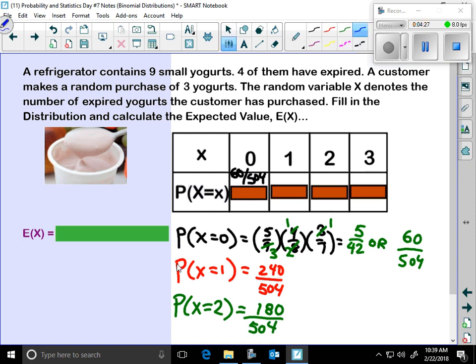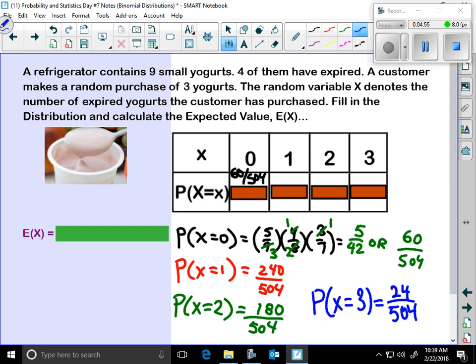And the probability x equaled 3. I've got reservations. Is it going to be 504? Is it? Okay. All right. It worked out. I'm glad it did, to be 24 504ths. So these 4 items, 60, 240, 180, and 24, should add up to 1, and they do.